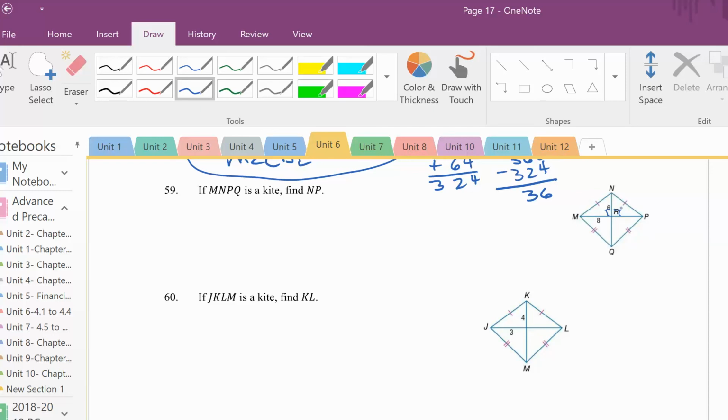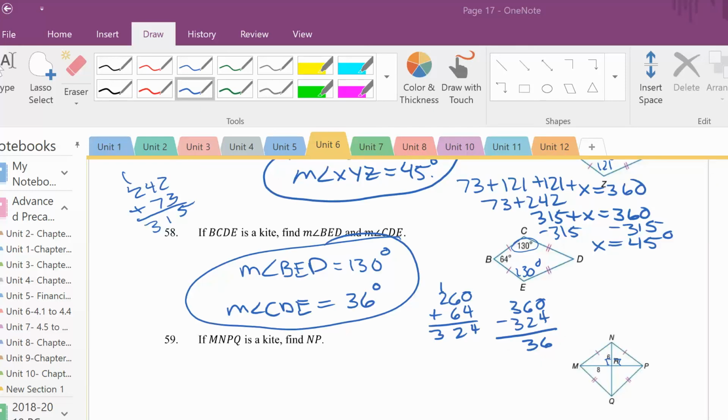Remember that these triangles here are going to be congruent because of hypotenuse leg. So therefore, if this is 8, then this is also 8. So basically, these 2 triangles here are going to be the same.